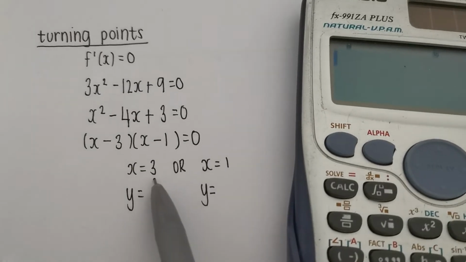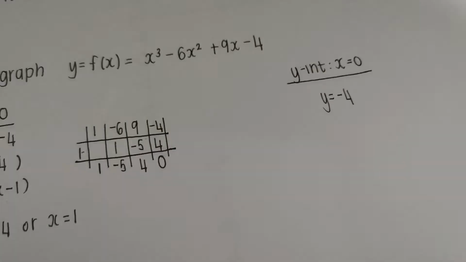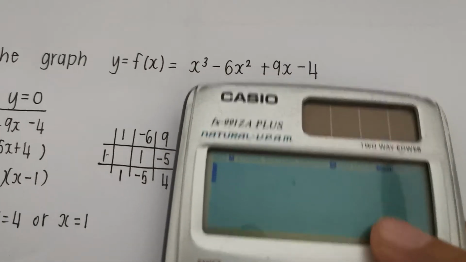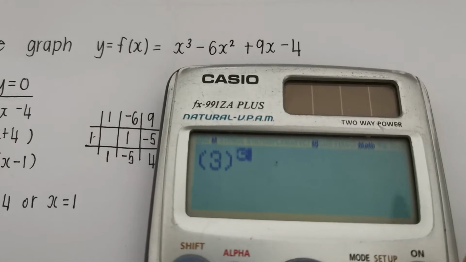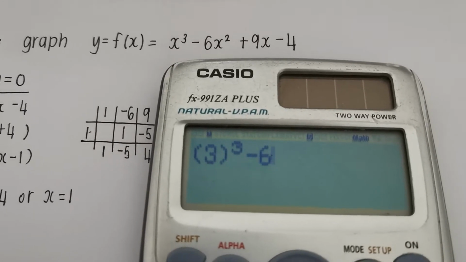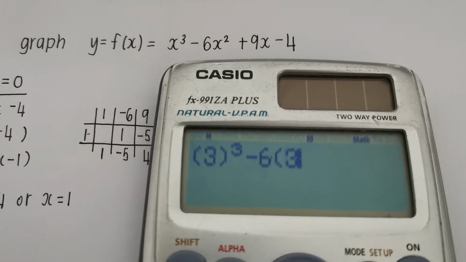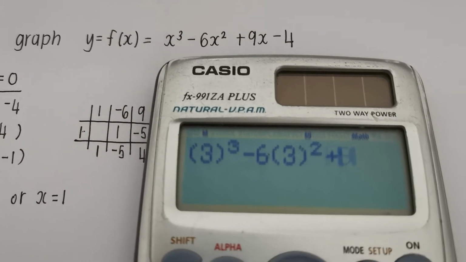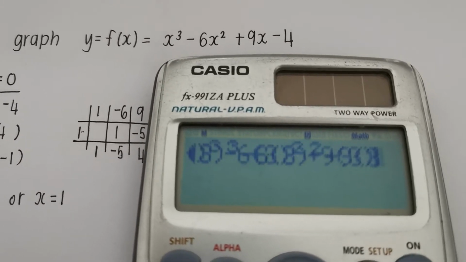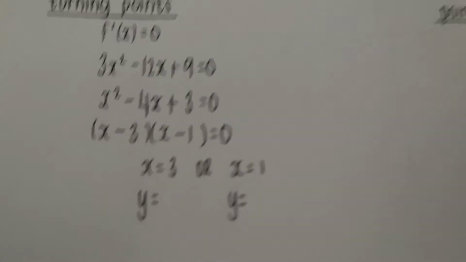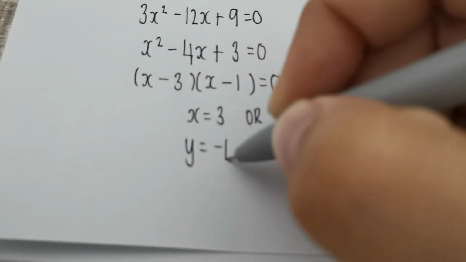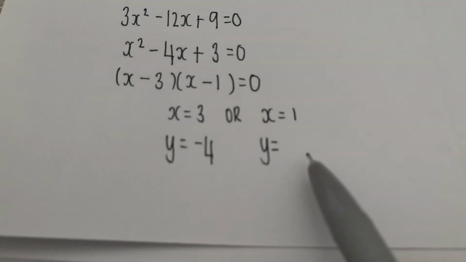So I'm going to take this 3 and I'm going to substitute it back into the original. Now we already know that this one here is going to give us 0.